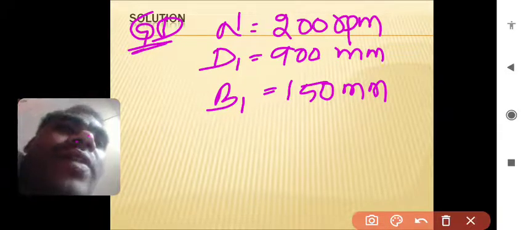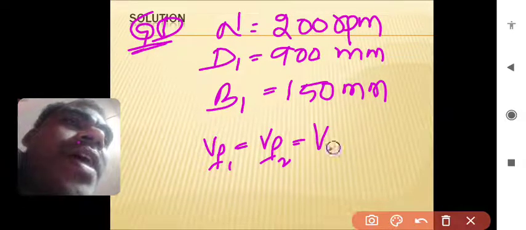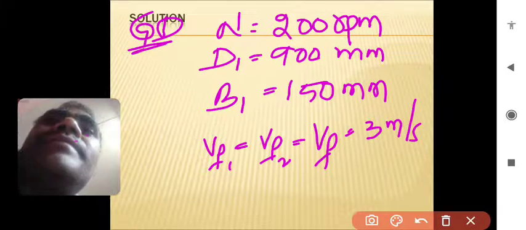The velocity of flow is constant, Vf1 is equal to Vf2 is equal to Vf, which is equal to 3 meter per second.